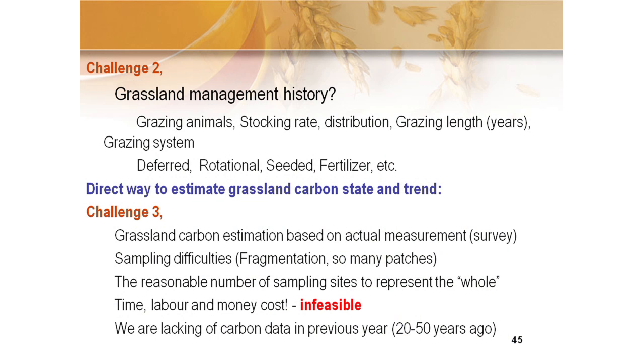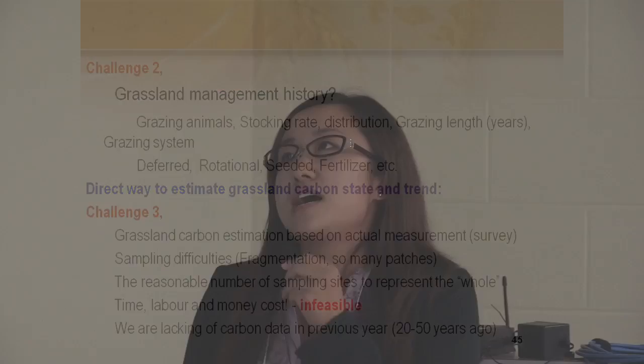Challenge two is the grassland management history. The management history is the most important factor affecting grassland carbon change in the long term. So we need to know the grazing animals or stocking rate, distribution, grazing years, or the grazing system like deferred rotational, seeding and fertilizer, all the management.